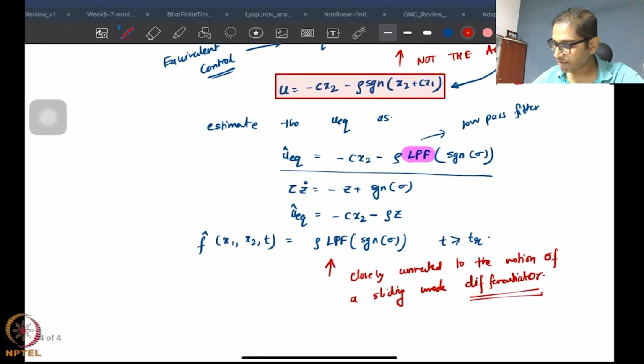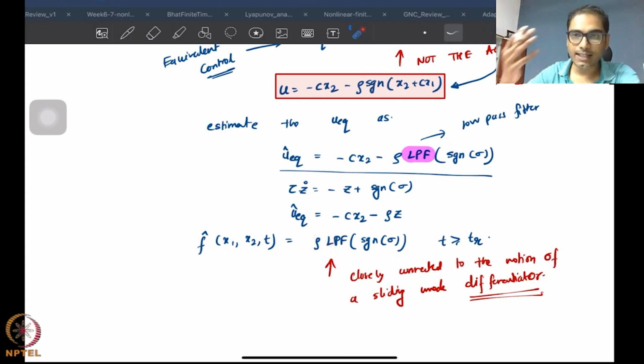So what have we done? We've taken simply the signum of this sliding mode variable, and we are scaling it by this rho, which is obviously greater than L and all of that. We've already designed that. And so we are simply scaling by rho this low pass filter version of signum of sigma, and we are saying that this is a great estimate for any disturbance, right?